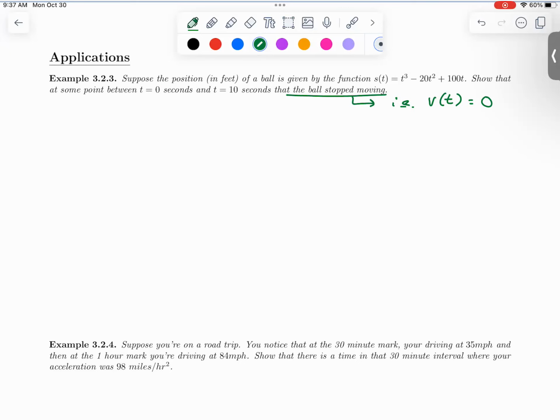Now, is s of t continuous? Yes, it is, because it's a polynomial, just like before. Is it differentiable? Also, yes, because it's a polynomial. You take its derivative and you've got everything you need.